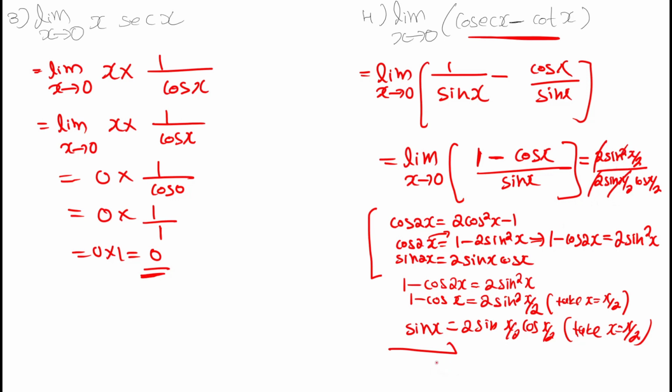So the remaining is sine x by 2 divided by cos x by 2. The limit x tending to 0 is outside, so it's equal to limit x tending to 0 of sin x by 2 by cos x by 2, that is tan x by 2. If you substitute the value 0, you will get tan 0. Tan 0 value is equal to 0. So again the limit value will be equal to 0.